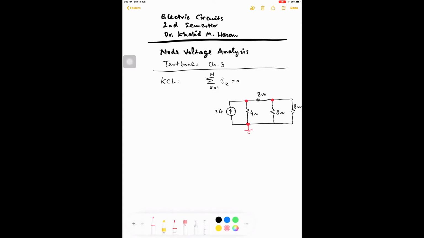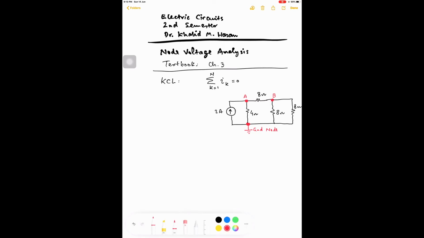Now then we label all the nodes. Let us call it A, let us call it B, and this is our ground node. No need to write it because the symbol is already there.